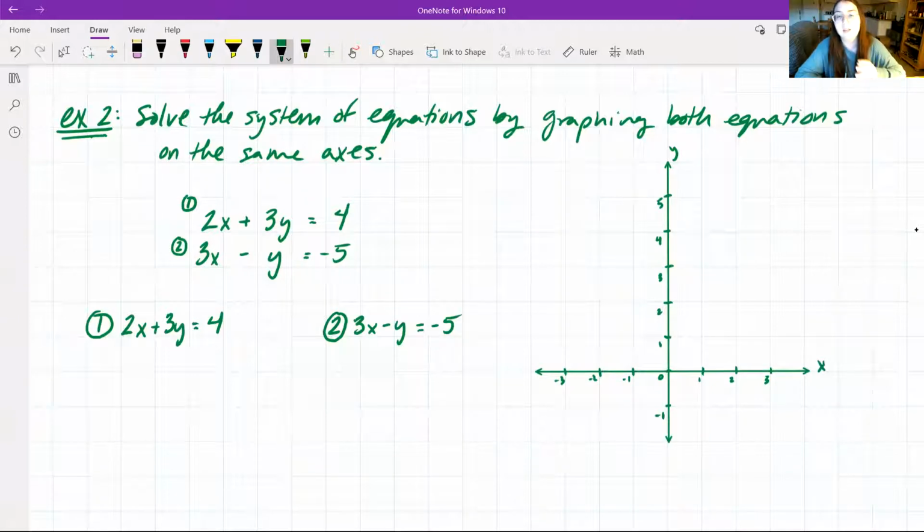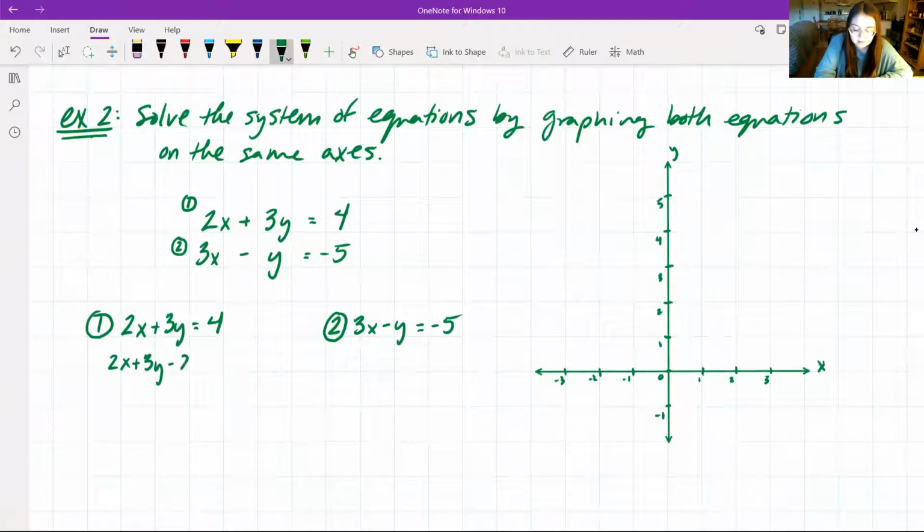Now we want to plot these lines. And the best and easiest way to figure out how to plot these lines is to put them in slope-intercept form, because that gives us our y-intercept and our slope, so we can plot a second point. So let's rewrite them and solve for y to get our slope-intercept form. So in our first equation, we have 2x plus 3y equals 4. We're going to subtract 2x from both sides.